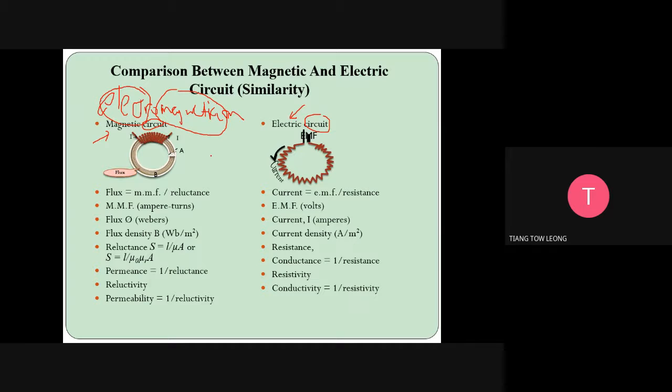The main difference is material and geometry, spatial, the property of space, S-P-A-T-I-A-L, not special. The main difference is the material and spatial.